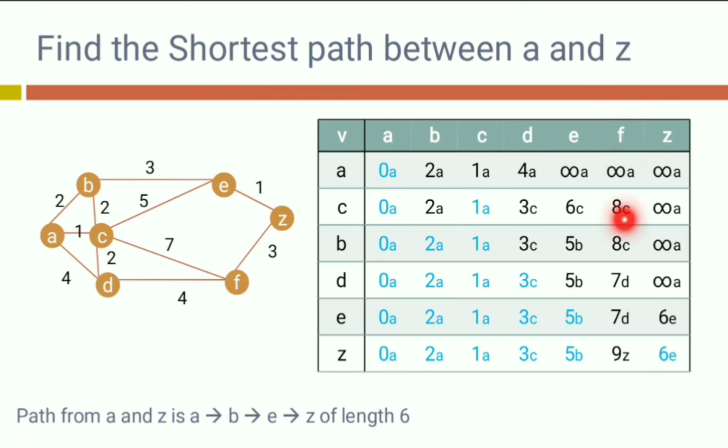From F to Z, then from Z to E, then from E to B, and then from B to A. So it goes like this: F, Z, E, B, A. So the path is A to B, B to E, E to Z, and Z to F. If you want to know the shortest path from A to E, it is here. You go from E to B, and then from B to A. It is of distance 5. Similarly, you can find for D, C, B, and all the vertices.